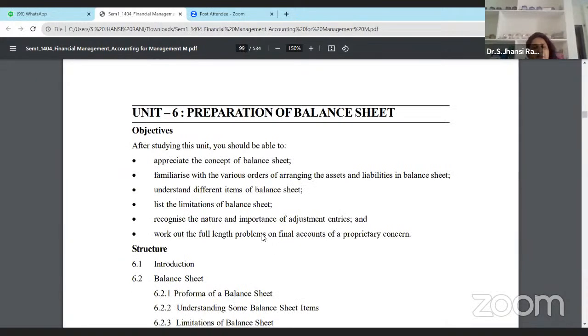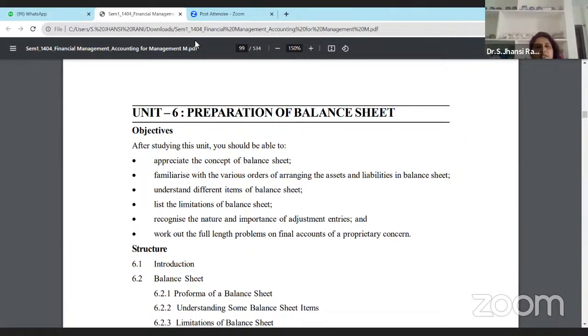So next comes the preparation of the balance sheet. Actually, whenever a business is started, every business's main objective or motive is to earn profit, and that can be known by preparing the final accounts.